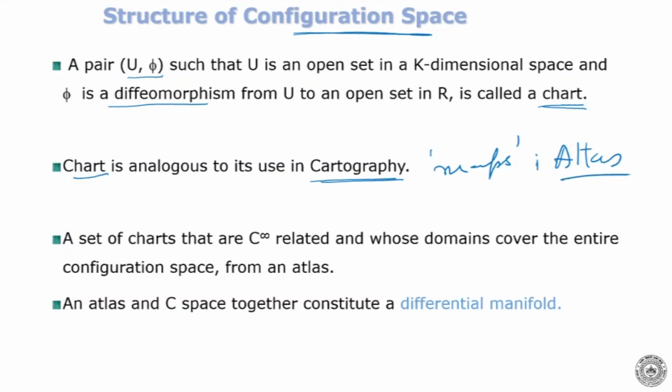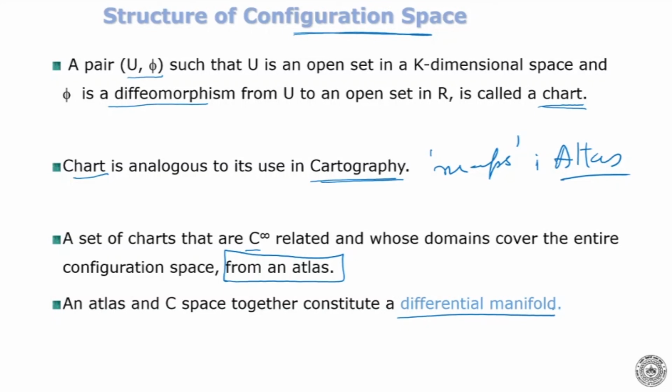So essentially a pair (U, phi) is the mapping such that U is an open set in a k-dimensional space and phi is a diffeomorphism from U to an open set in R^k, called a chart. Okay, and a set of charts that are C infinity related and whose domains cover the entire configuration space form an atlas. Okay, so an atlas and C space together constitute a differentiable manifold.